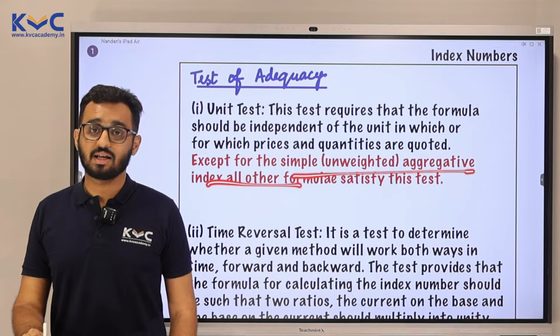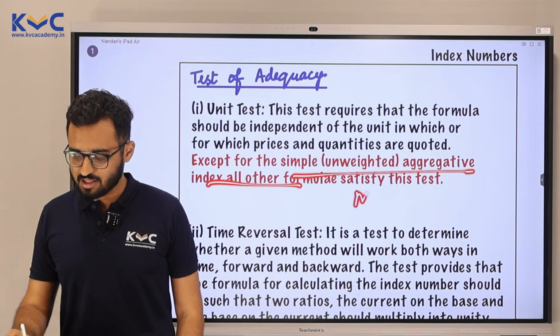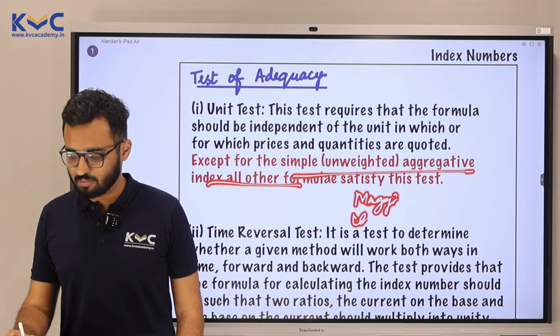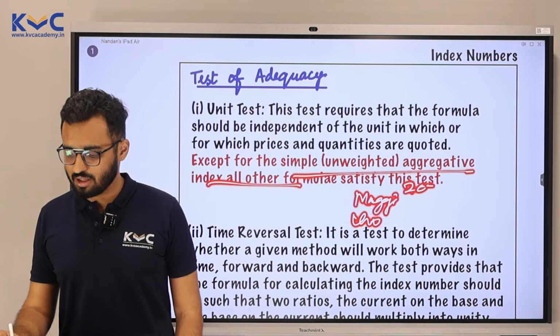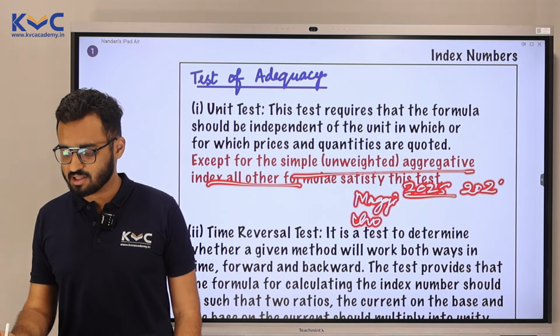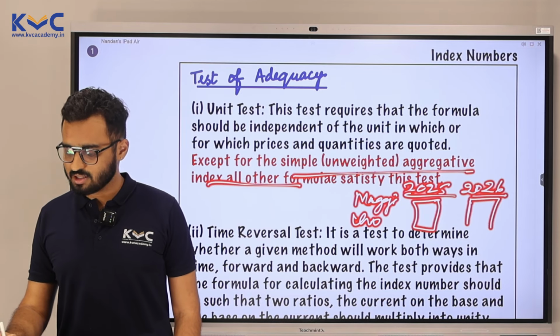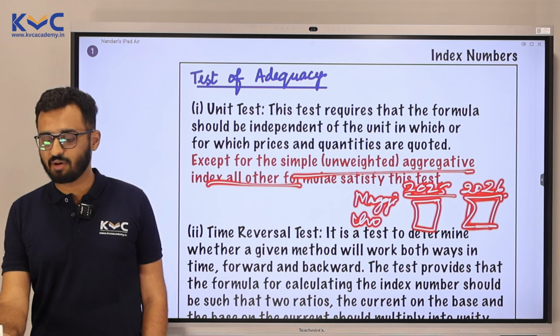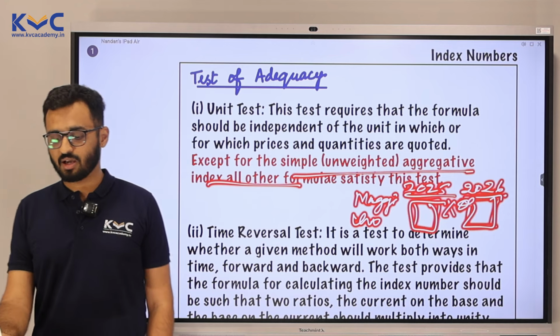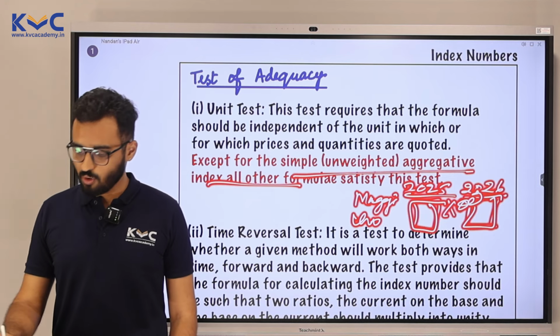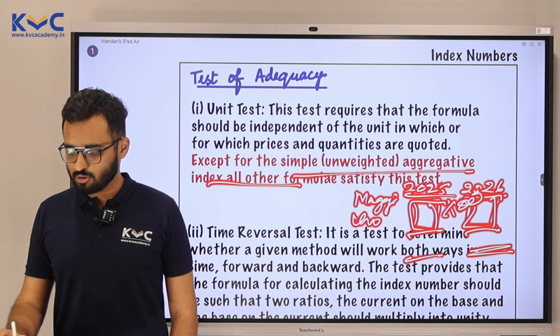What happens in simple aggregative index? We have, let's say, Maggie and chocolate, for example. We'll have 2025 and 2026 prices. How do we calculate simple aggregative? We total this up and then we compare, right? So this divided by this into 100 will do, correct? That is how we compare these two. So what is happening when I do the total?